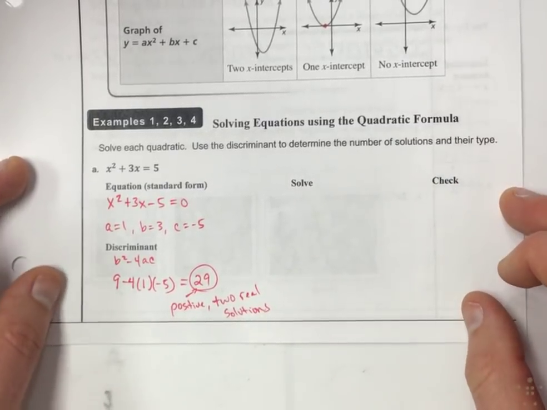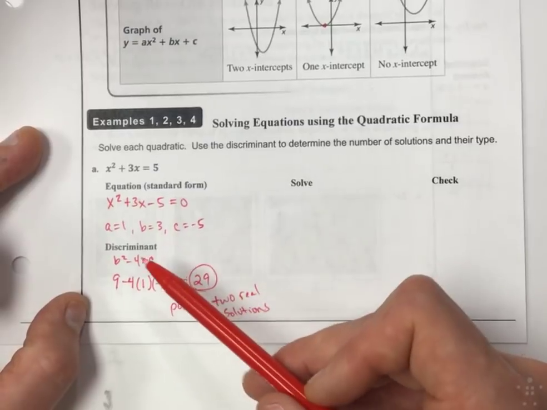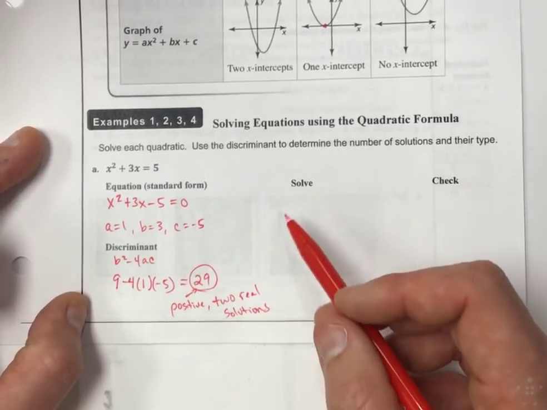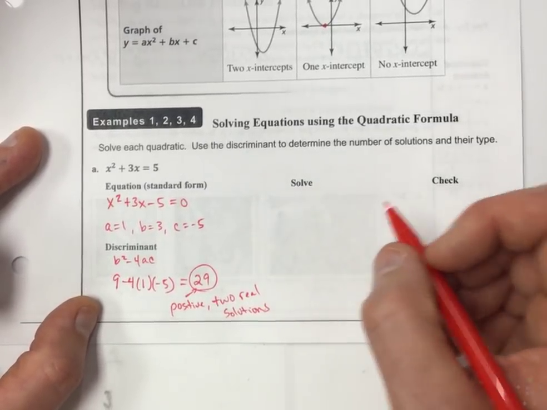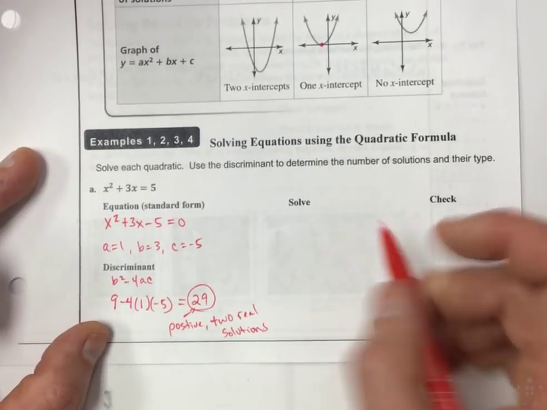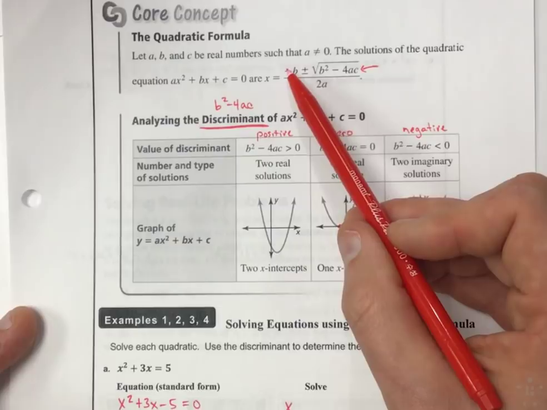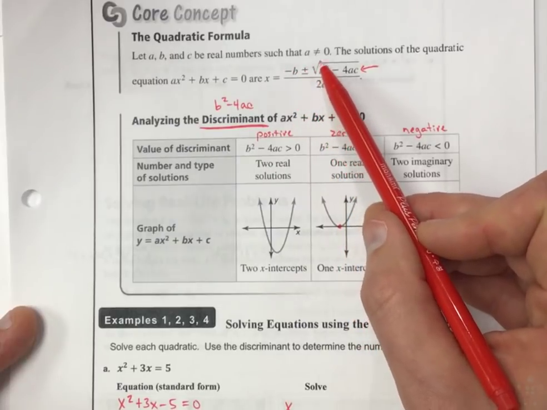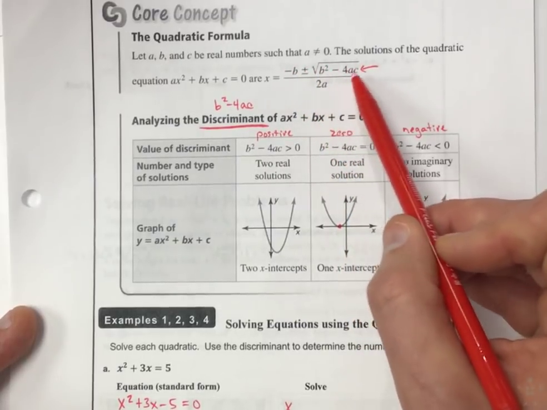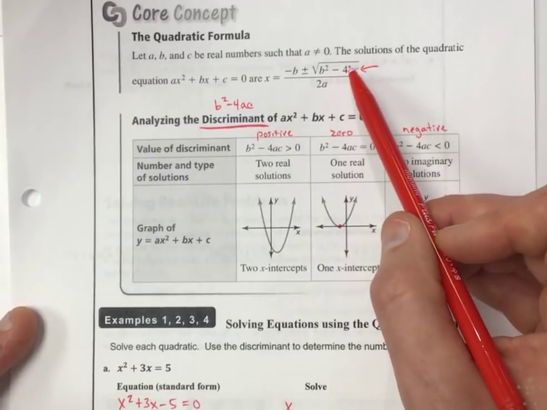Now we're actually going to find out what the solutions are. So the nice thing about doing the discriminant as a separate step is when you go to use the full quadratic formula, which is x equals the opposite of b plus or minus the square root of b squared minus 4ac over 2a, this whole part under the root, we have already turned it into one number. It's 29.